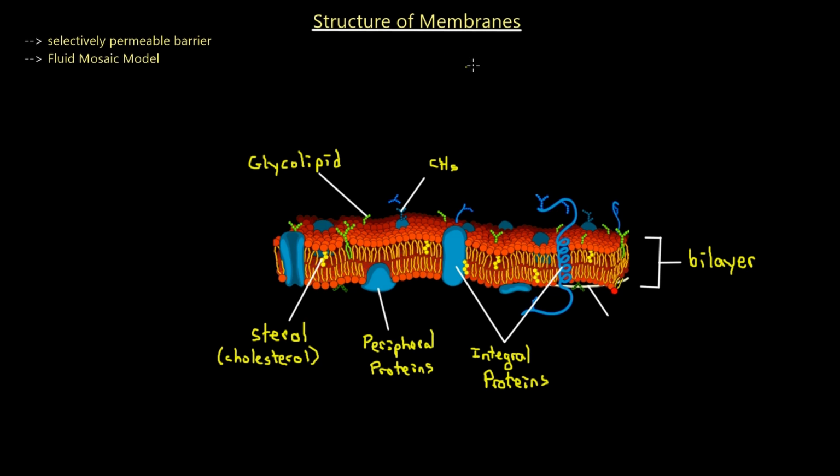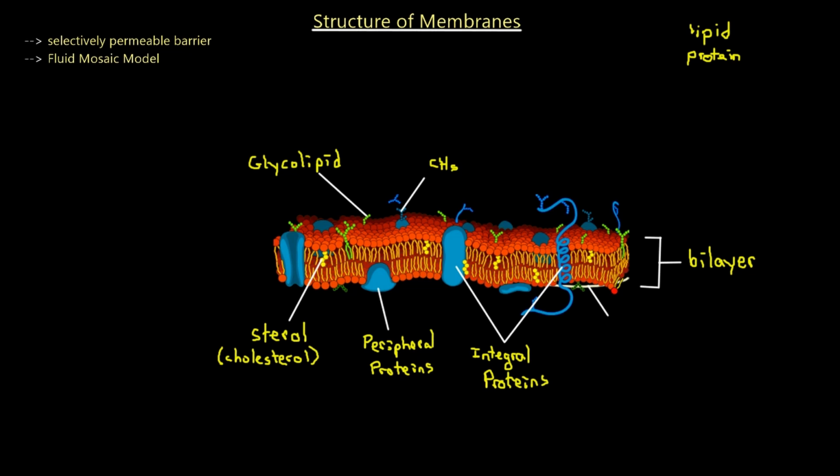Now the membrane is typically made up of lipid and it's made up of protein. And the proportions of both differ between the different cells.